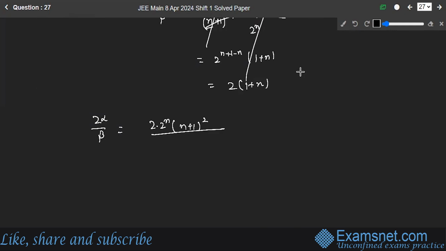And the beta came out to be 2 power n plus 1 into n plus 1 will go over here. This will make it (n plus 1) cube, because this will cancel with this.